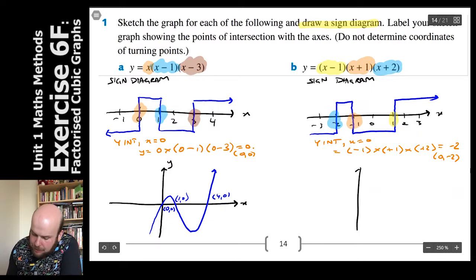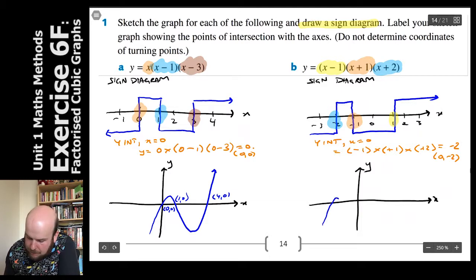And this one on the right, I'm going to go over here. So we're going from -2, -1, and 1. And I might just fix that up. So that's going to be 0, -2, that's 1, 0, that's -1, 0, and that's -2, 0.